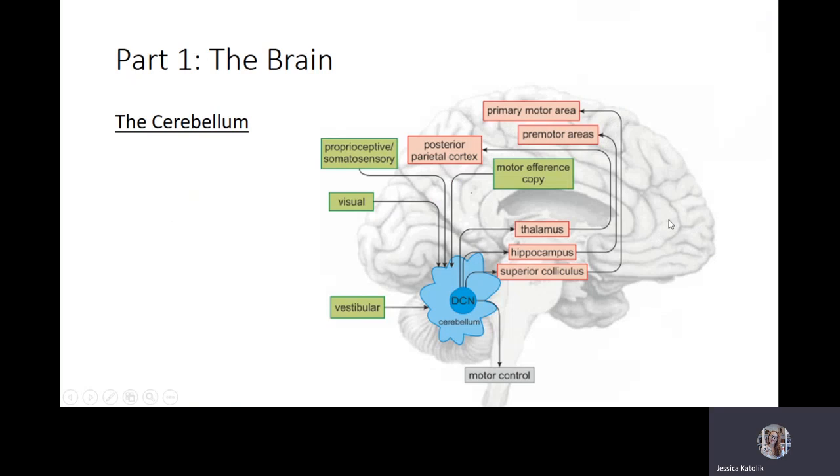This diagram is going to illustrate that here. So we're going to see that motor information is going to go from the primary motor cortex to the pons, then to the cerebellum.